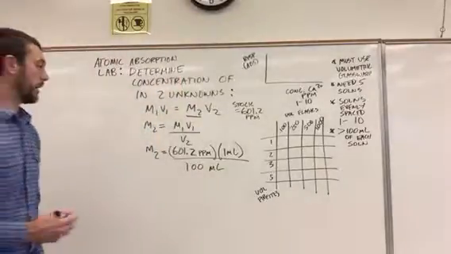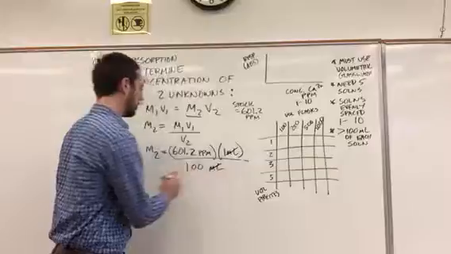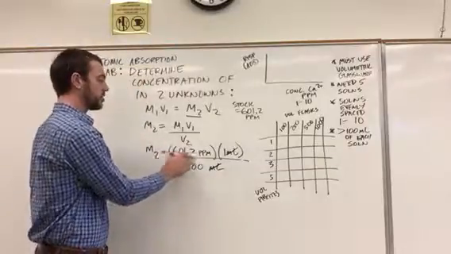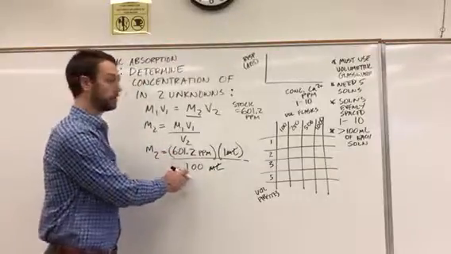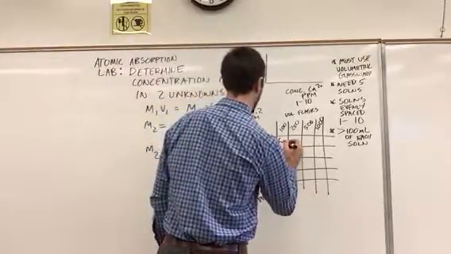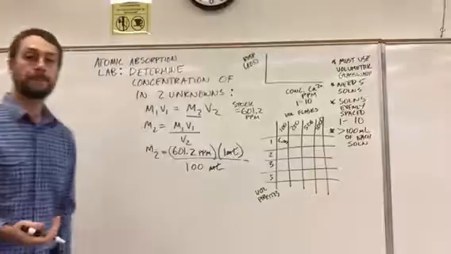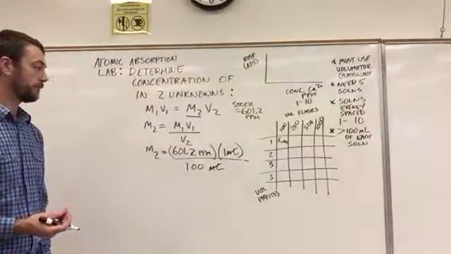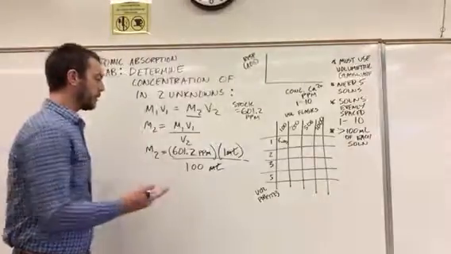The milliliters cancel, and basically we're just dividing 601.2 by 100, and so this would end up being 6.012 ppm.